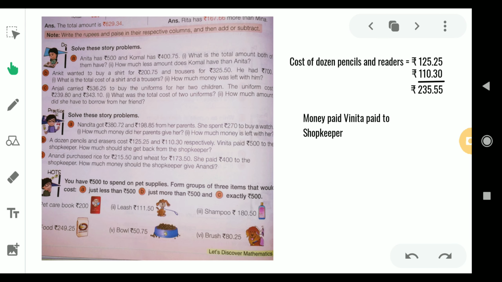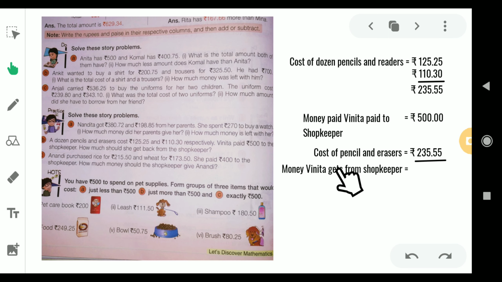It's very simple. The money that Vinita paid to the shopkeeper is 500 rupees, and the money spent for buying dozen pencils and erasers will be 235 rupees 55 paise. When you subtract this cost from the 500 rupee note, before subtracting we do this because we cannot subtract 55 from 0.